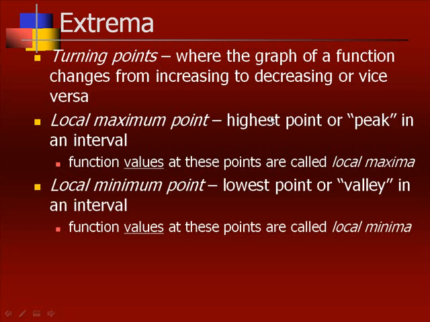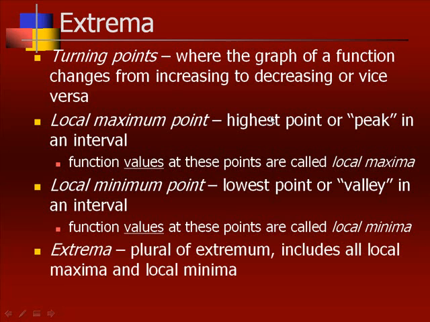The local minimum point is the lowest point or the valley in an interval. The function values at these points are called local minima. Extrema, which is the plural of extremum, includes all of the local max and local min points.